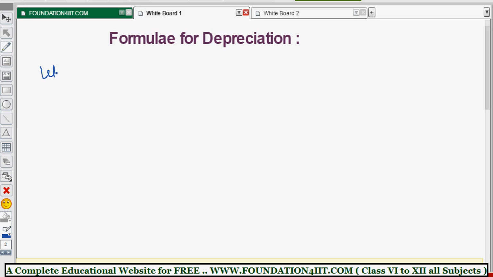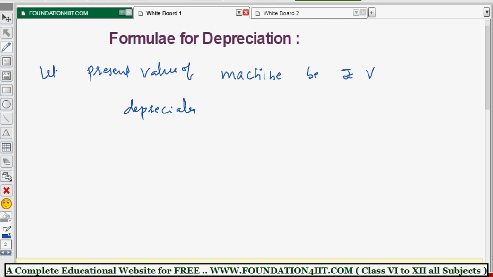So let the present value of the machine be rupees V. I'm taking the value as V. Then the value of this machine depreciates at R% per annum. So the value is decreasing at R% per annum.